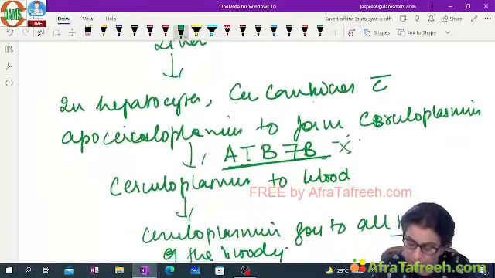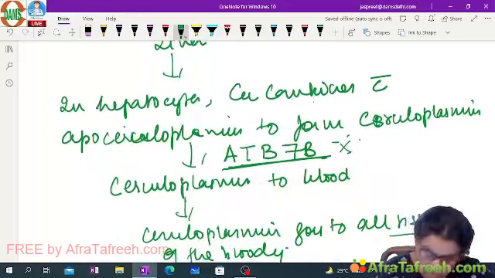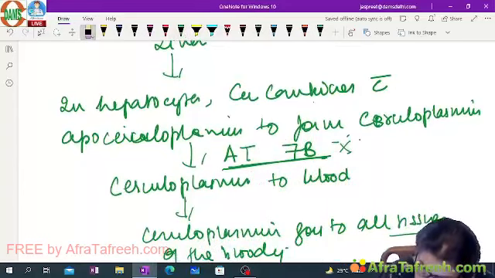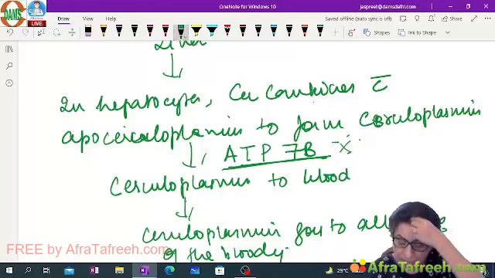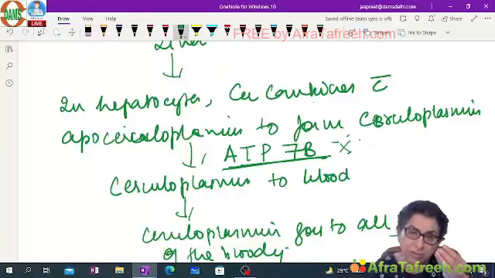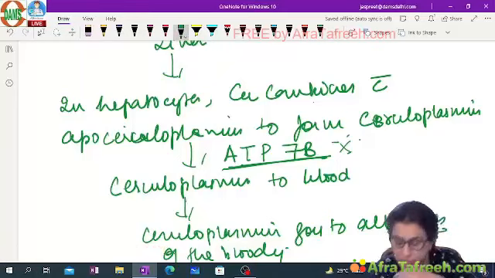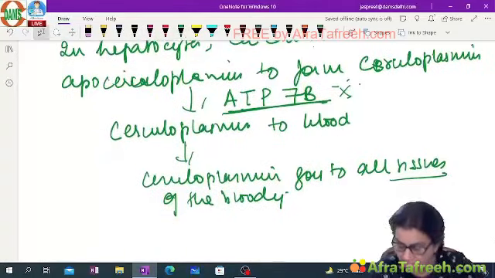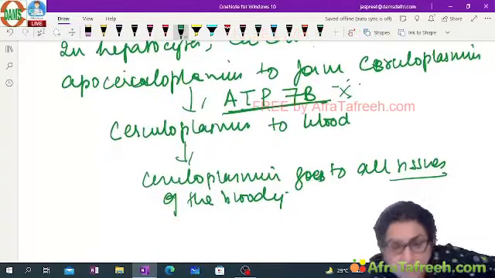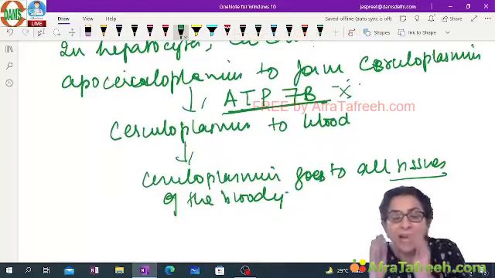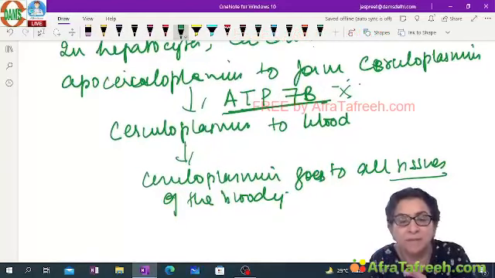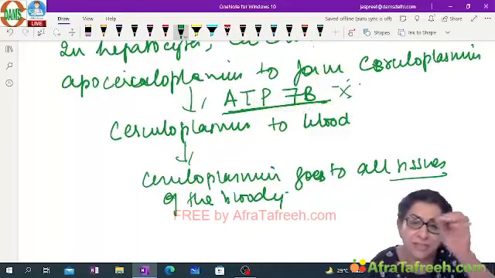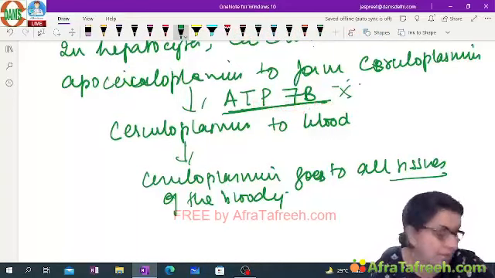Then a protein called ATP7B, this is not B, this is P, takes the ceruloplasmin out of the hepatocyte into the blood, and then ceruloplasmin takes copper to all the tissues of the body, where copper acts as a cofactor needed for proper functioning of many enzymes.